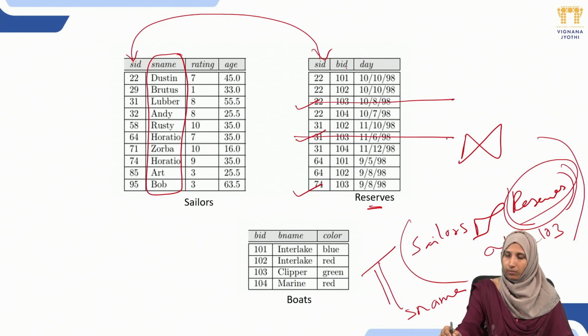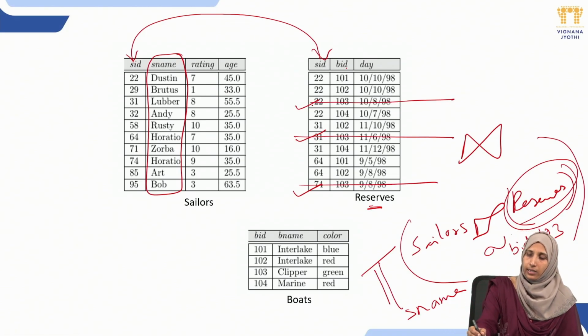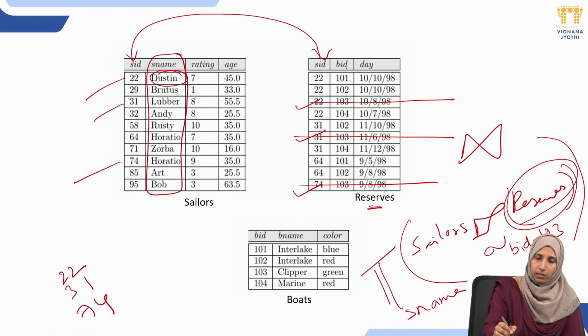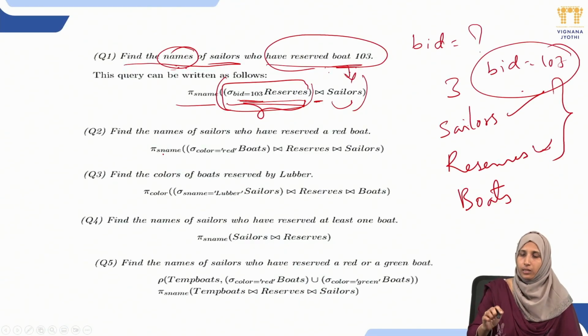What are the SIDs of those? 22, 31, 74. What are the names? Dustin, Lubber, and Horatio. This will be the result for my first query.